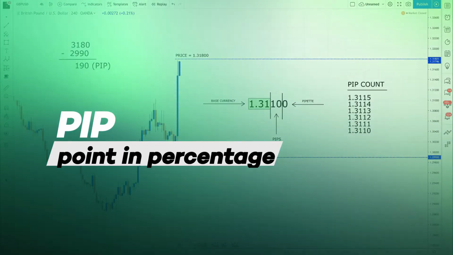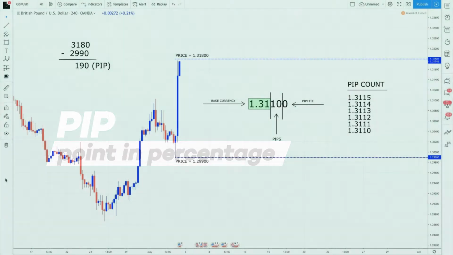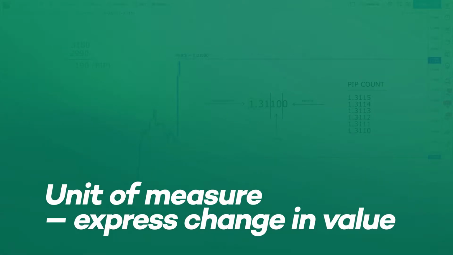In this video, we're going to discuss what a pip is. A pip is an abbreviation for "points in percentage," which is the unit of measure used to express the change in value between two currencies.